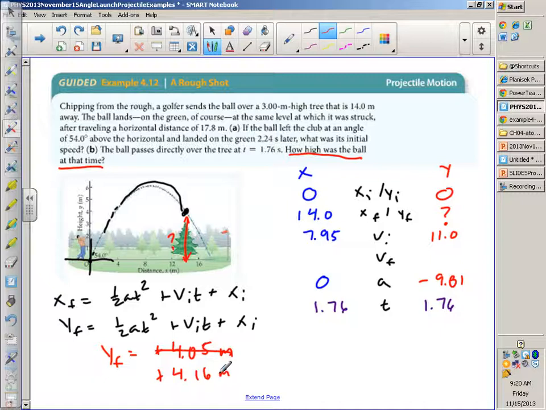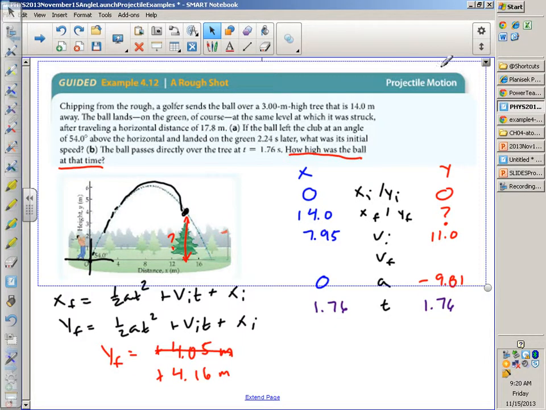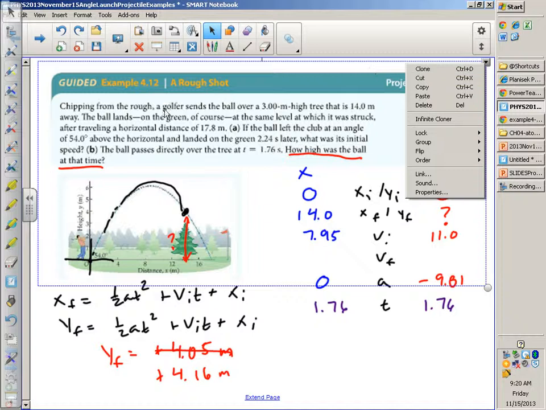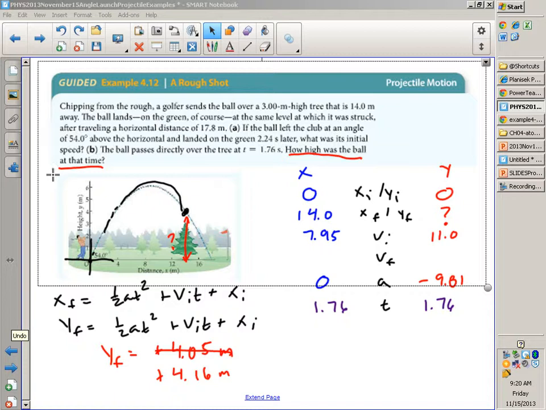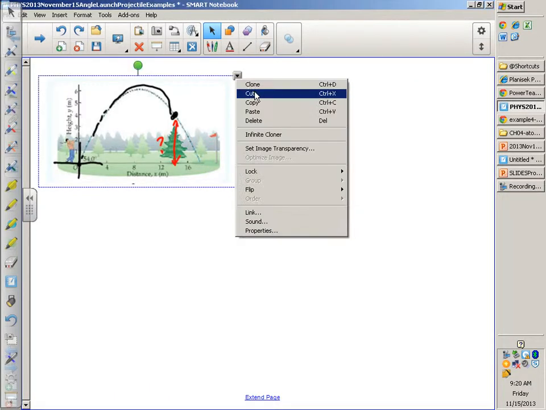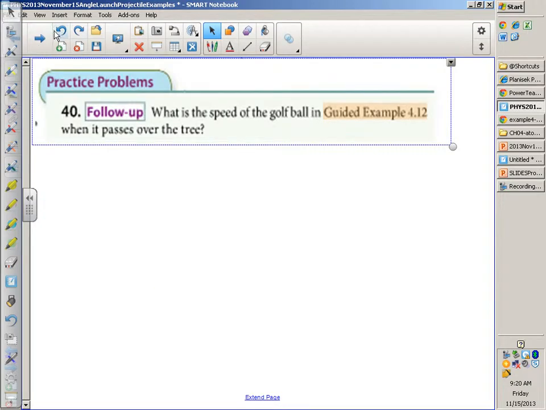All right, good there? All right, so let's look at this golf ball a little bit more. We looked at how high it was at that particular point in time. Down in the bottom left, it asks you another thing about that ball.